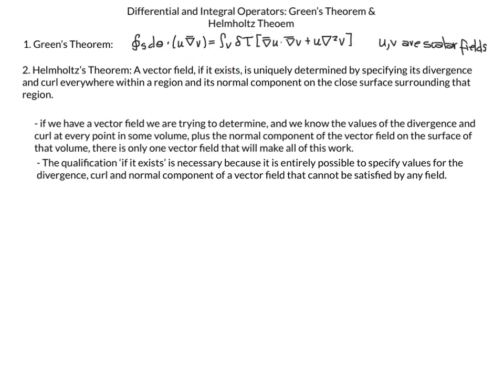It's necessary because I can give you a divergence, curl, and normal, and there may be no vector field that satisfies all three conditions. So if it exists, it'll be unique, and you can identify the vector field uniquely through a divergence, curl, and normal.